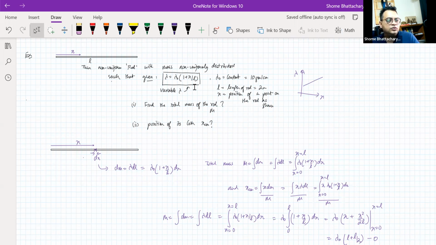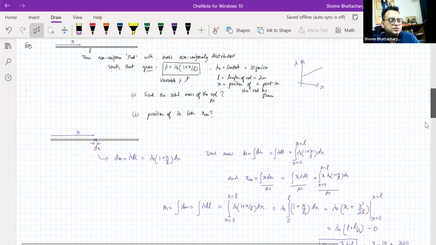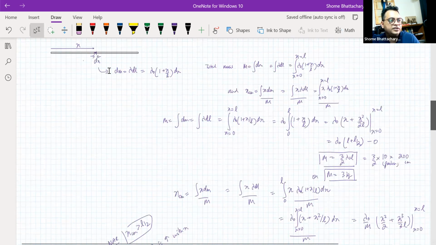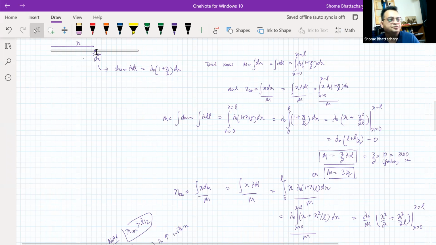Okay, so this is where the application of integration comes in, that we take a differential section of the rod of thickness dx, right? So its mass becomes lambda dl, where lambda is this variable quantity. So we replace lambda with this linear function over here, and we replace dl with dx.